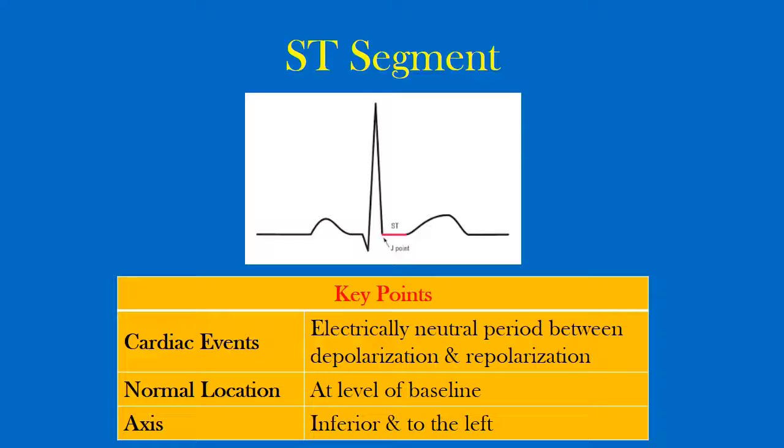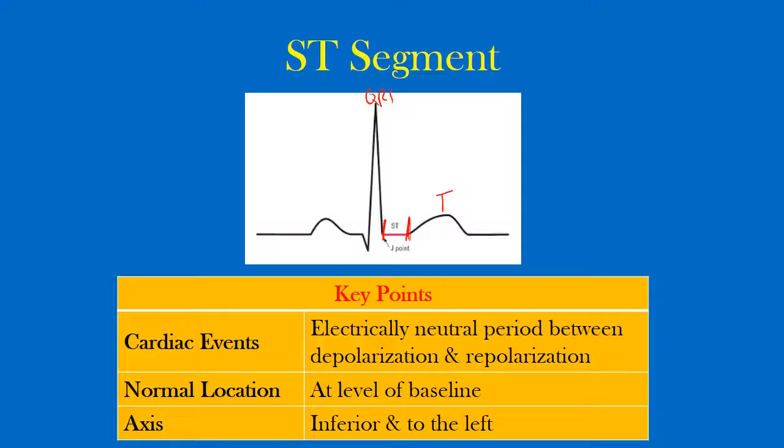So the ST segment begins at the end of the QRS complex. So here, remember we said this is the QRS complex. The ST segment begins at the end of it and ends at the beginning of the T wave. So we haven't talked about the T wave, but this is the T wave. So it begins at the end of the QRS and ends at the beginning of the T wave.